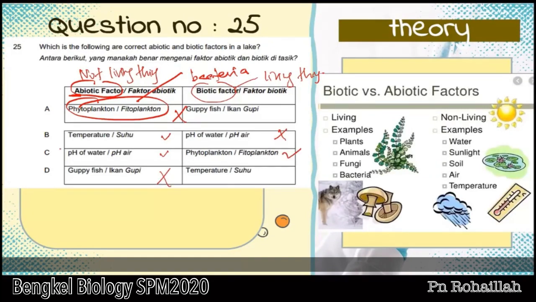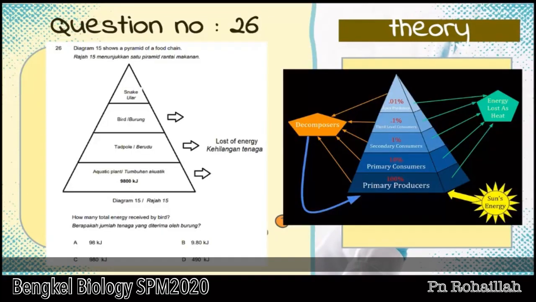Boleh? Okay, next. 26. This one you need calculator. Diagram shows a pyramid of food chain. So total energy received by the bird. So bird sini berapa? How to calculate? So you tengok sini. Bawah sekali mesti 100%. So tulis 100%.